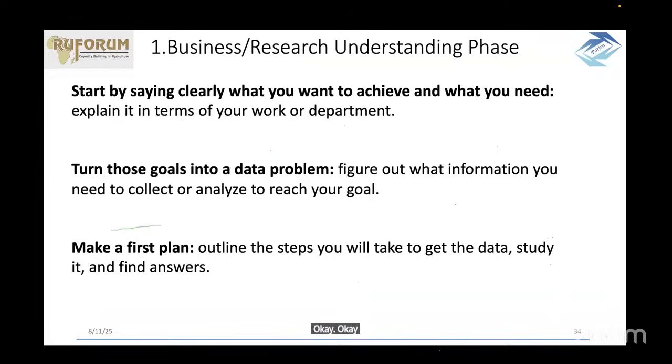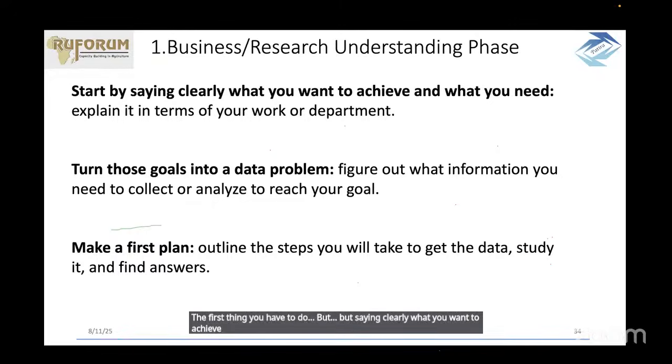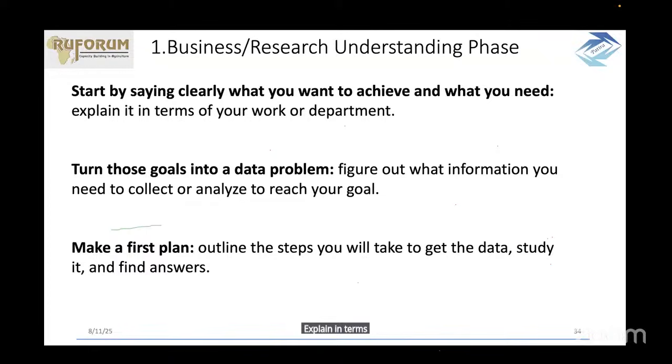Okay, the business understanding phase. The first thing you have to do is say clearly what you want to achieve and what you need. Explain it in terms of your work or department, if you have a department. Second, you turn those goals into a data problem.